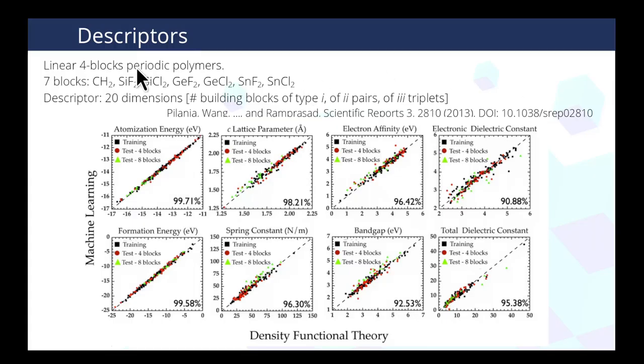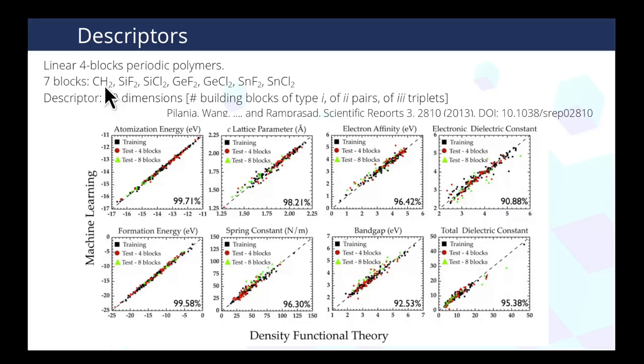This first one is from one of the early works in the field, 2013, when the community was just starting to use more and more machine learning to predict materials and molecular properties. The problem here is that they had periodic polymers formed only of these 7 possible blocks. The descriptor the authors chose was just counting.